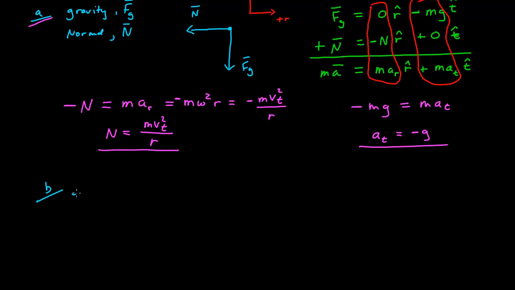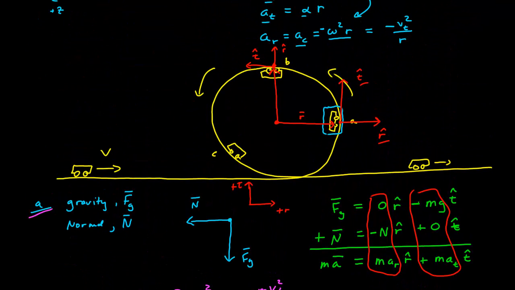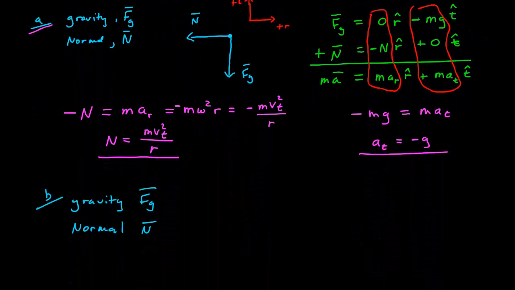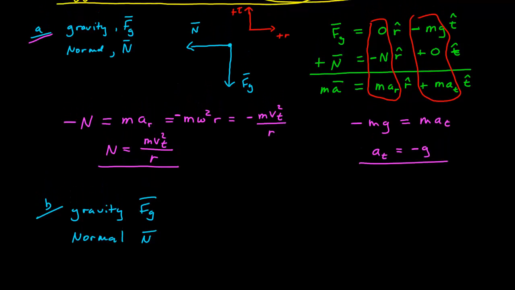What are the forces? The same forces. Gravity and the normal. The F of g and the normal. That hasn't changed. We'll draw a little box, gravity, and the only thing in contact with it is the track. We're ignoring air resistance, no friction, etc. So now what changes then is when we go to the free body diagram.